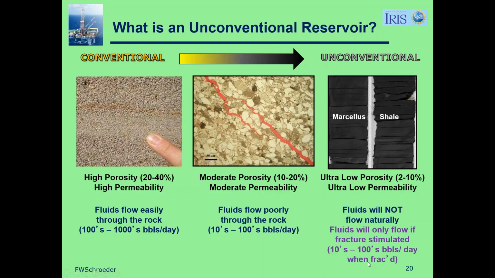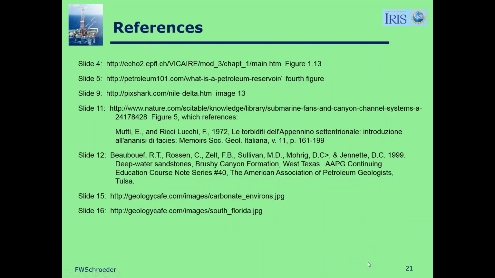And the other technology is fracking, or artificial stimulation, or using pressure to cause the Marcellus or other unconventionals to fracture and allow the hydrocarbons to escape.